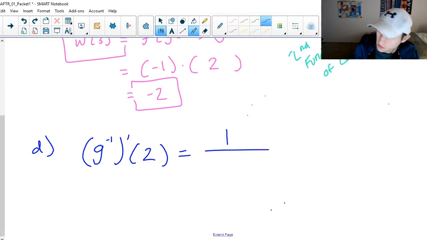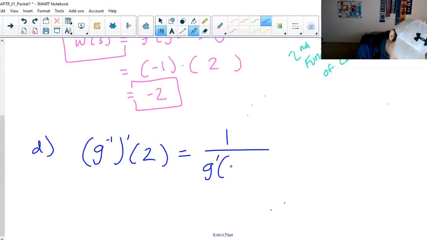The derivative of the inverse of g at 2 is the same thing as 1 over the derivative of g, at g inverse of 2.